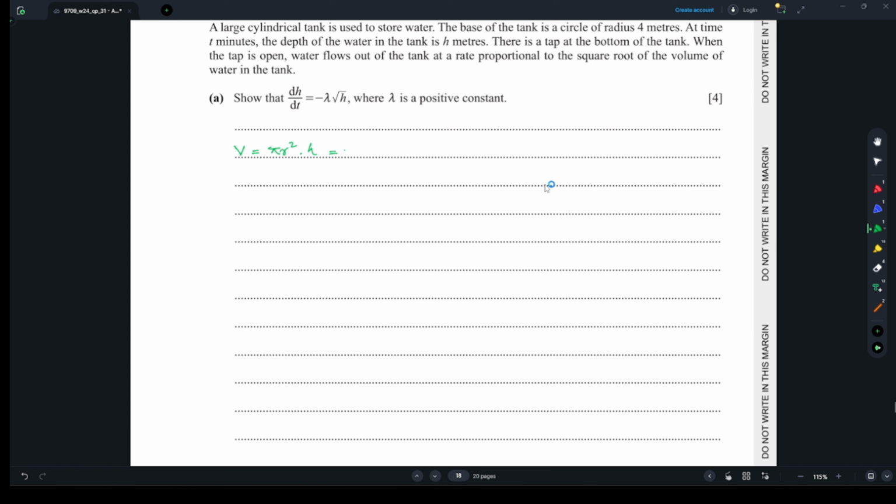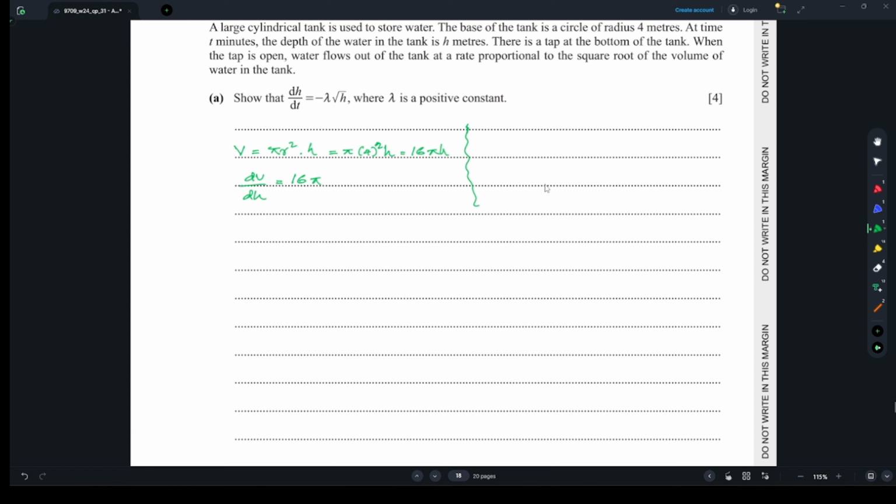So then I can write 16 pi h. So now we have a relationship between v and h. So I can write dv over dh, which is 16 pi, right? Because 16 pi is a constant.